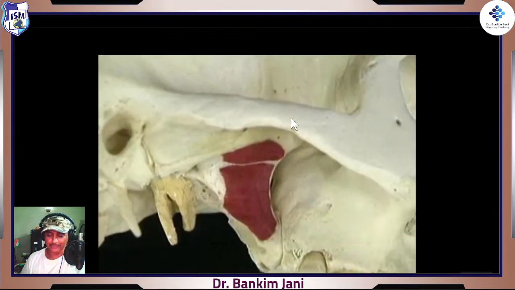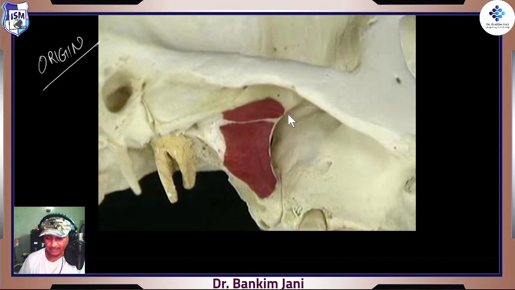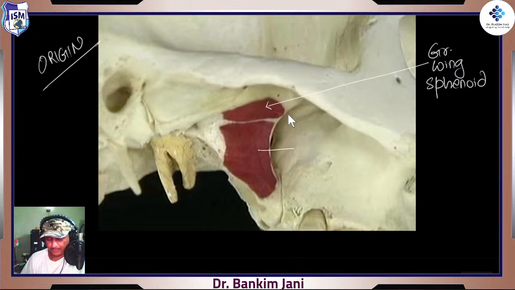And that's why I was telling you, do remember that there are two parts. This is the origin, and this above one is the greater wing of sphenoid. And this lower part is from where it got its name, lateral pterygoid plate. Now we know this muscle so well, so we'll just write lateral pterygoid plate.